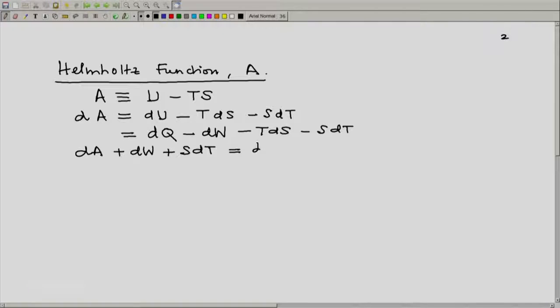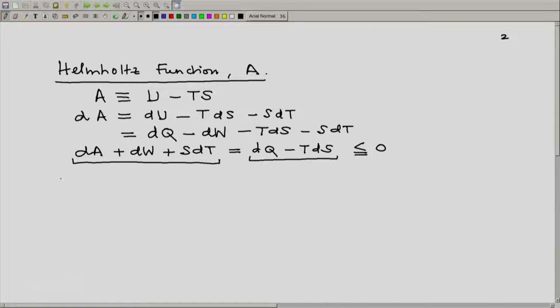This will equal dQ minus TdS. But we know from the second law of thermodynamics that dQ minus TdS should be less than or at most equal to 0, and that means the left hand side of this is less than or equal to 0.